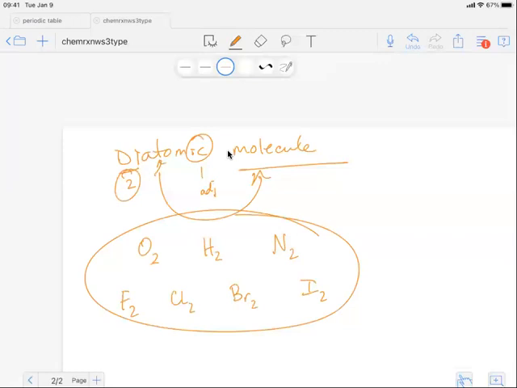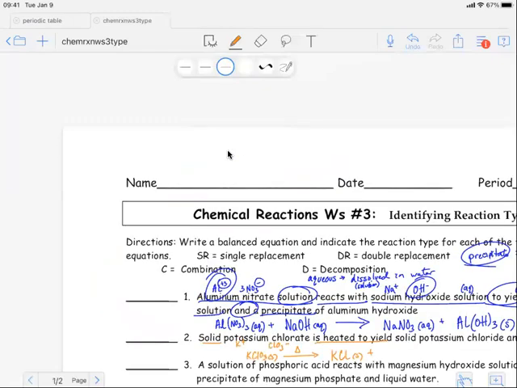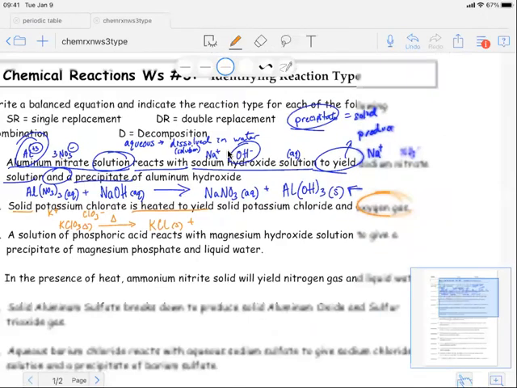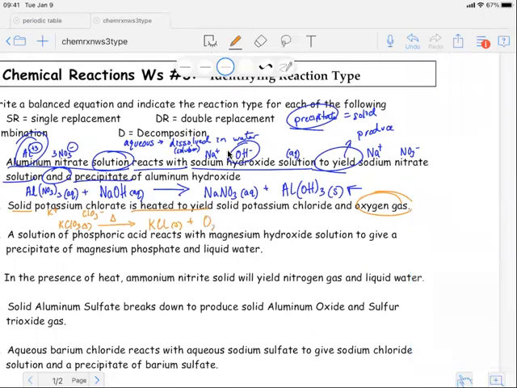So if I say fluorine gas, it's F2. Bromine gas, Br2. Nitrogen gas or nitrogen, even if I say hydrogen, it's H2, N2, etc. So if this says oxygen gas, O2, and then of course you can put a (g) next to it.